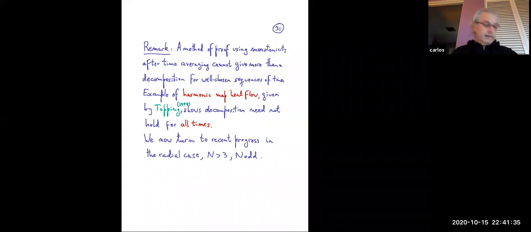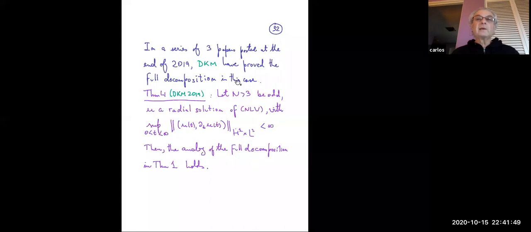So for the rest of the talk, I want to discuss recent progress with Duyckaerts and Merle in the radial case for dimensions bigger than 3 and odd. In a series of 3 papers, which were posted on the arXiv in December of 2019, we have proved the full decomposition for all odd dimensions in the radial case.